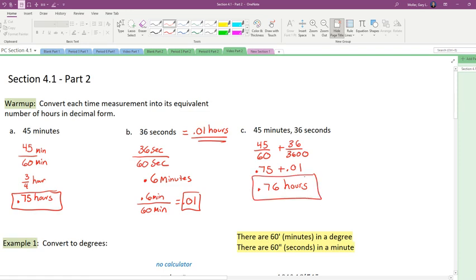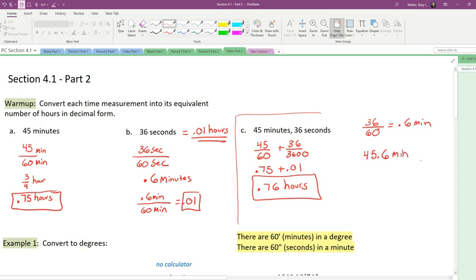Now, that's all good and fine because we just did that math. But what if we had just asked you this question to start without doing any of the lead in? Then here's how I would have approached it. I would have said, just like I did before, 36 out of 60 is how many minutes? And I would have got that that's 0.6 minutes. Then I would have said, okay, so I don't have 45 minutes, I actually have 45.6 minutes.